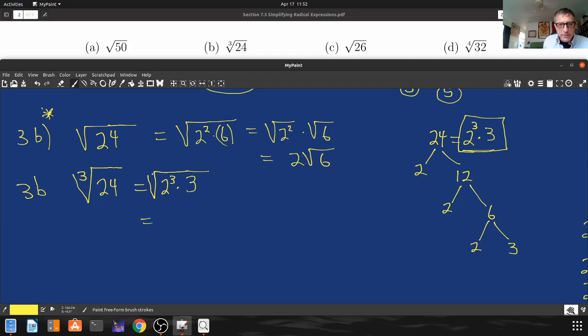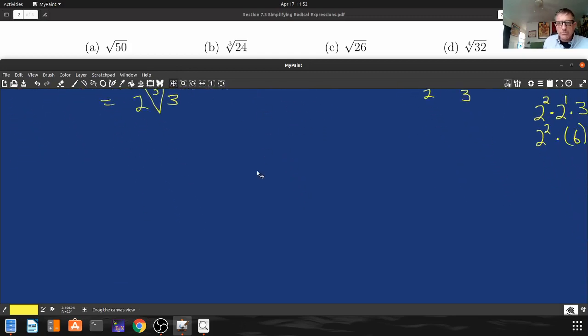So that's the cube root of 2 to the 3 times the cube root of 3. So the cube root of 2 cubed is 2, times the cube root of 3. C.